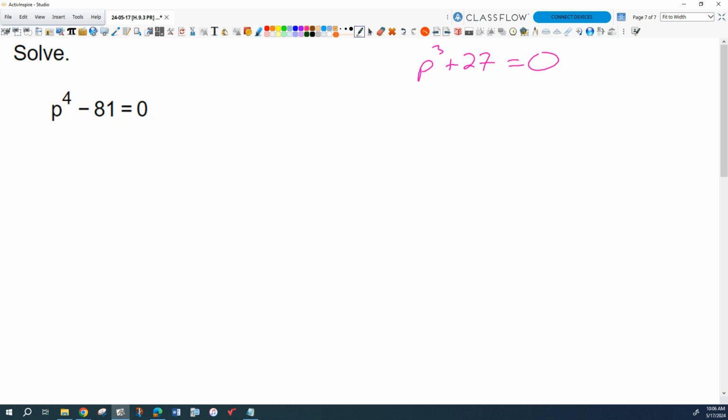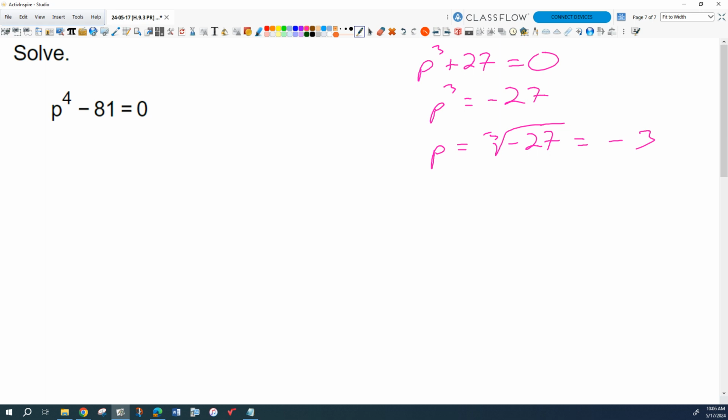So if you isolate P, you would subtract the 27, you'd get P cubed equals negative 27. If I cube root both sides, I'd get P equals cube root of negative 27, which is what? Negative 3. So we got one solution, but that's not right. How many solutions should we get here? We should get 3.